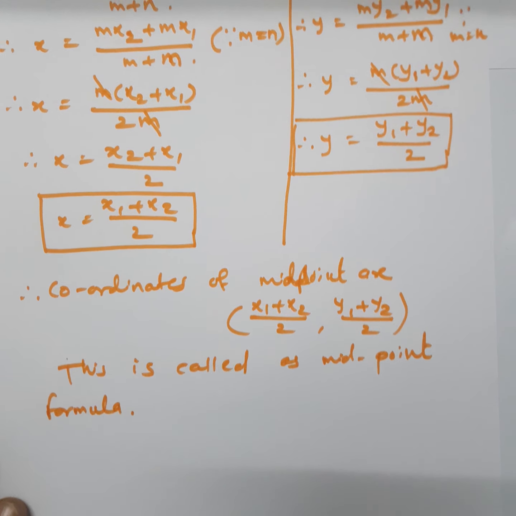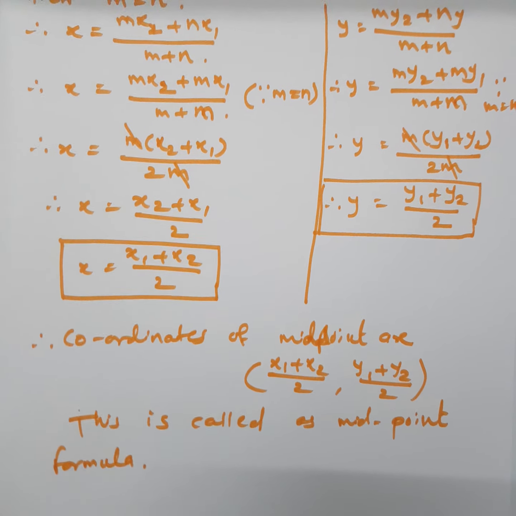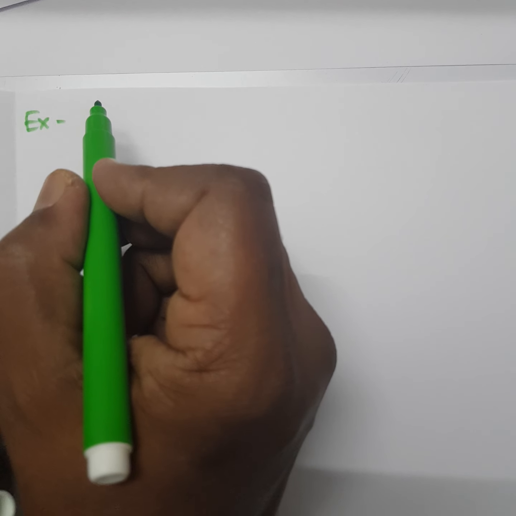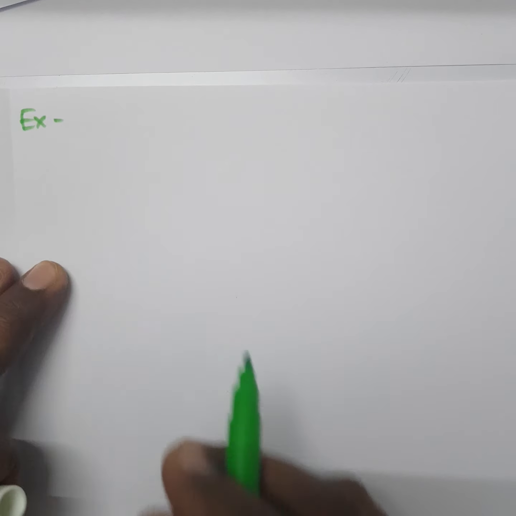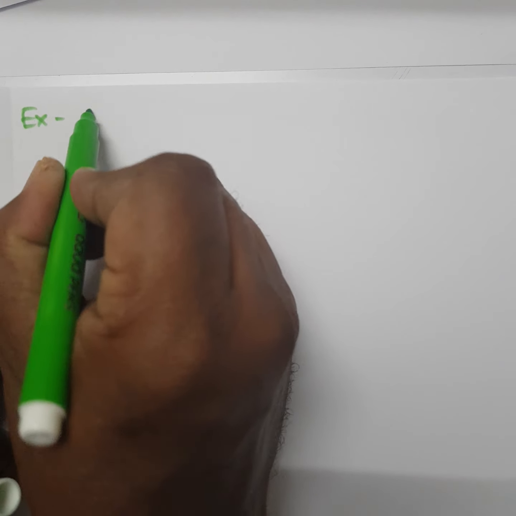Means the midpoint formula is nothing but the section formula where m is equal to n. Now first we will see an example on the midpoint formula. Then we will see the examples on the section formula. First, midpoint formula.